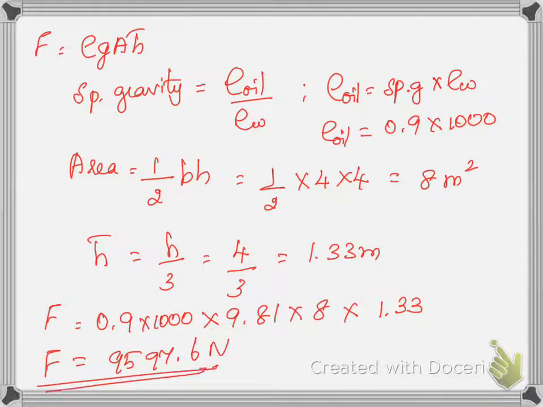So I have calculated the force value. Next I have to calculate the center of pressure, that is H star. H star is Ig by A H bar plus H bar. So H bar value is known to me. I have calculated it already, and I have to calculate the Ig value.